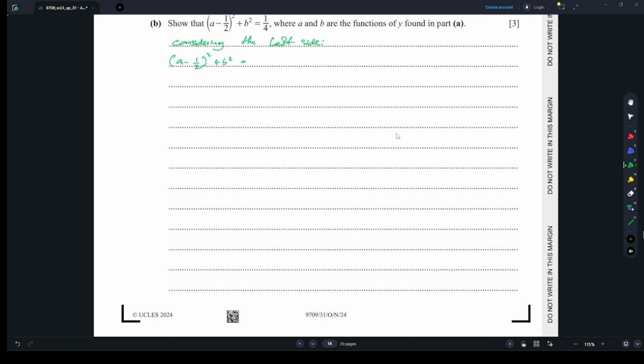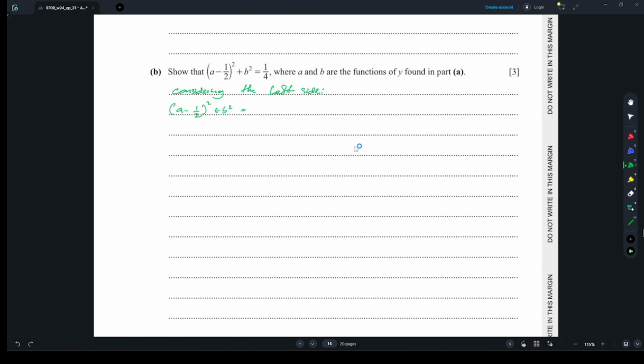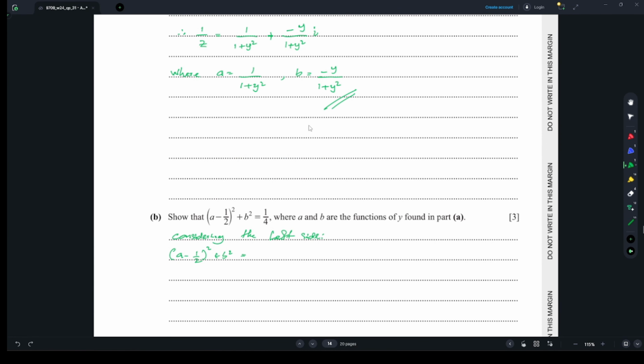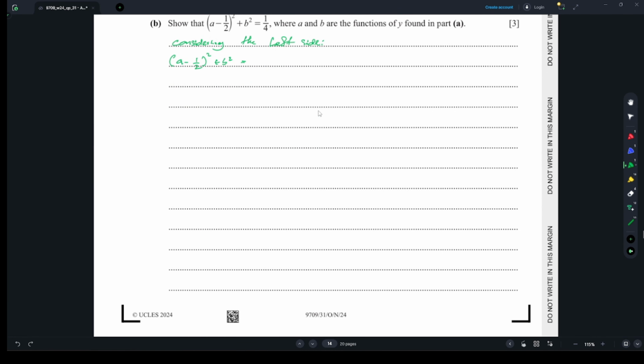Okay, so from part A we found what a and b are, so we just have to substitute them here. So a was 1 over 1 plus y squared, here minus half, squared, plus b, which is minus y over 1 plus y squared, here squared. Right?